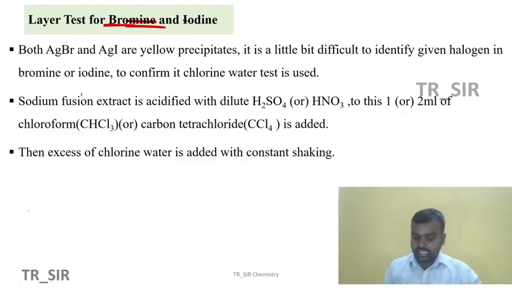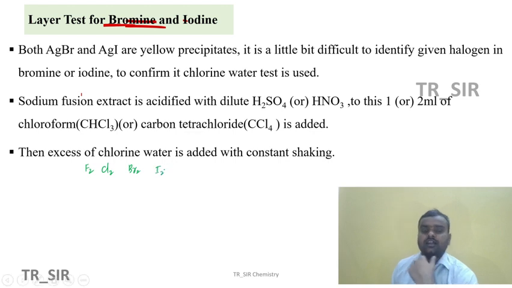Suppose you have taken the halogens: fluorine, chlorine, bromine, iodine. Halogens have oxidizing power. The oxidizing power of fluorine is more than chlorine, then iodine.